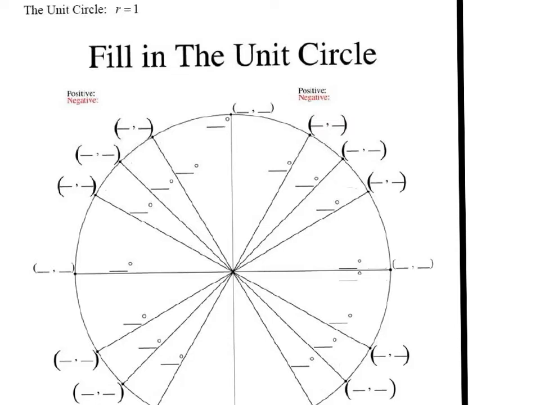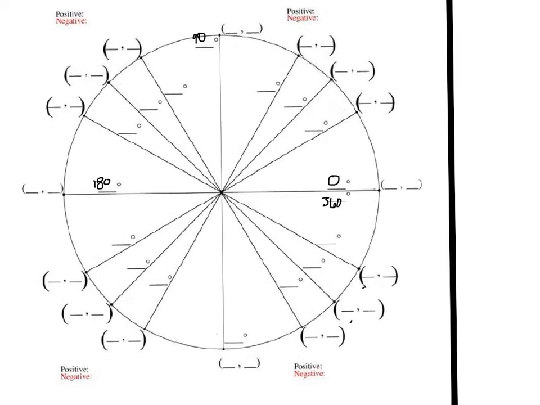This is 0 degrees. This is 360 degrees. This right here is 90 degrees. We've worked with this guy. This is 180 degrees. And this guy right here is 270 degrees.